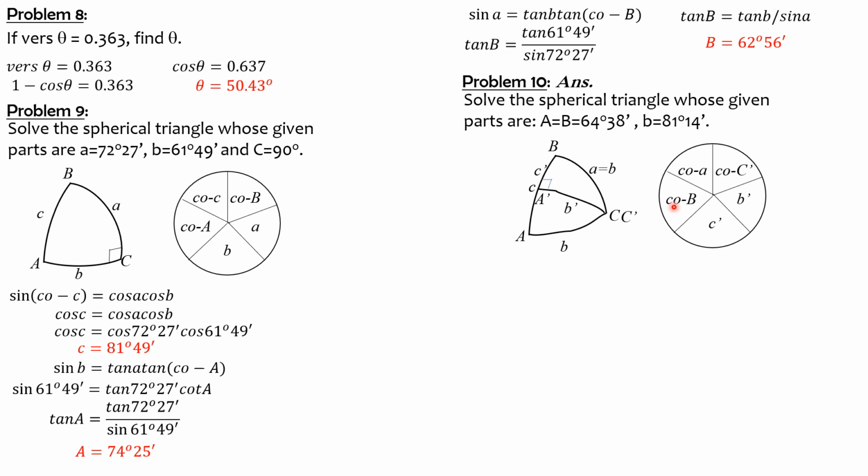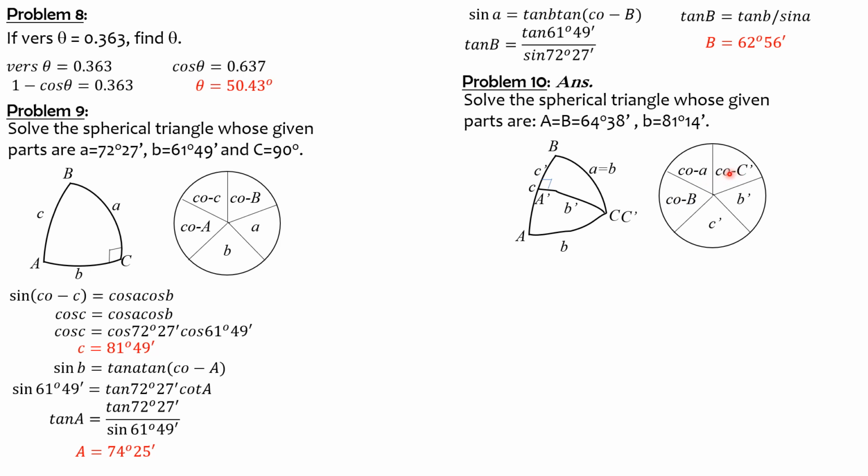Let's check the givens, angles A and B. So this is given, and side A. So this is also given, although it is B here, but A is, remember, also equal to B. So if we want to solve for, we don't need B prime here because it's not part of the original isosceles spherical triangle. We only need C prime and angle C prime.